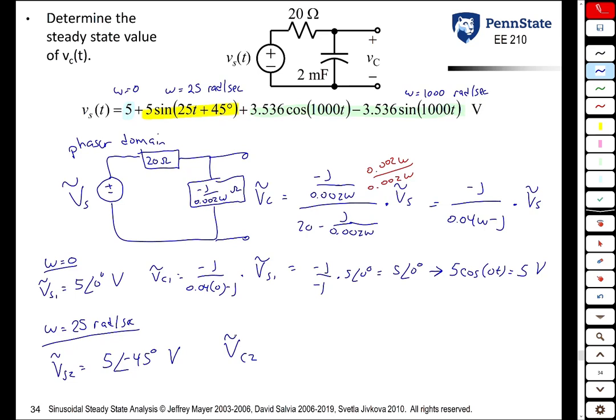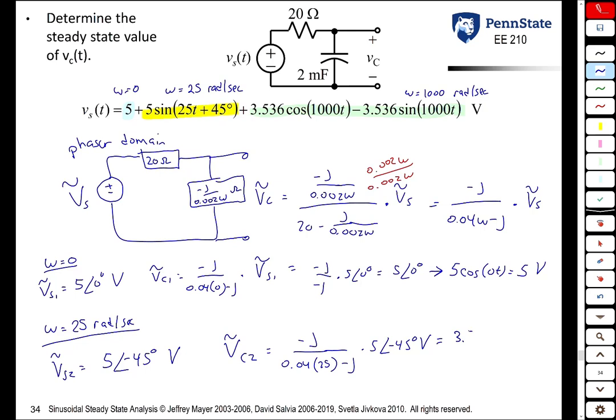So Vc2 phasor is what? It's minus j over 0.04 times 25 minus j times 5 at an angle of minus 45 degrees. You work out the math there.